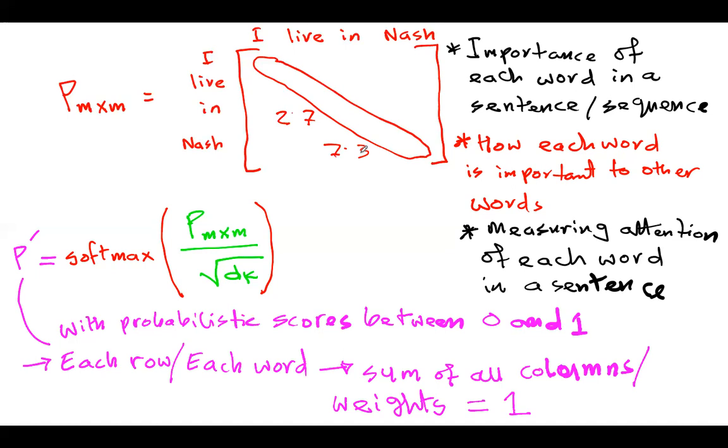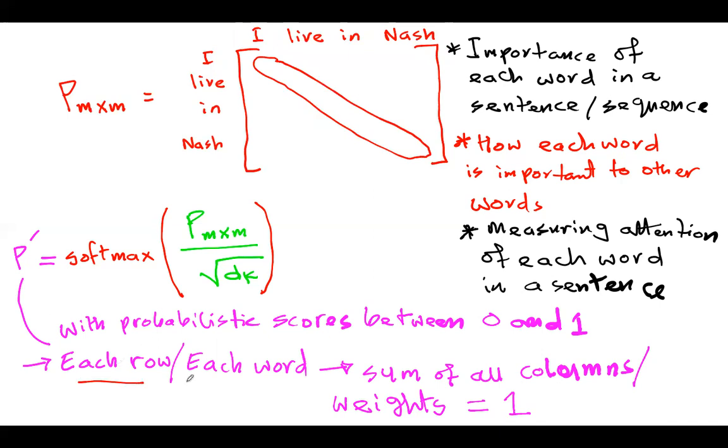So that, let's say, in terms of I, what is the relative importance of the other 4 words? And one of the things we can do by applying softmax is that once you take the sum of all these scores, they should add up to 1. In that way, I'm trying to understand the importance of I, or the distribution of the importance of I across all other words in a particular sentence.